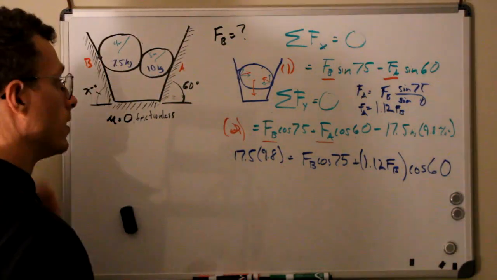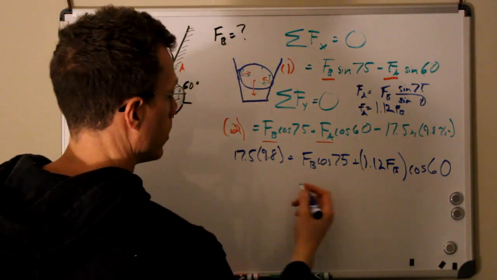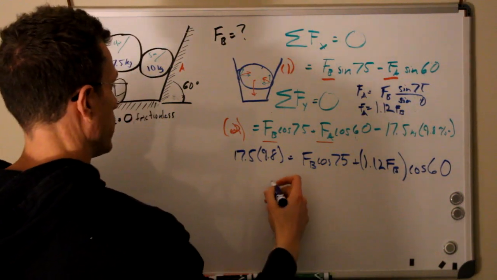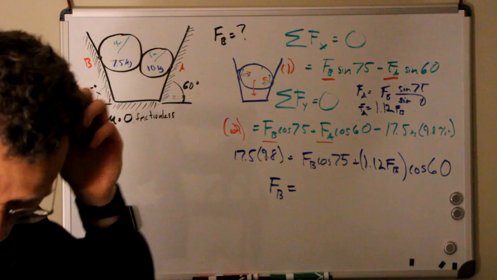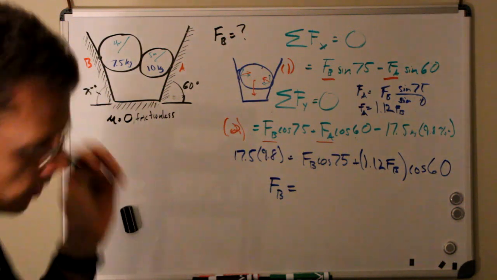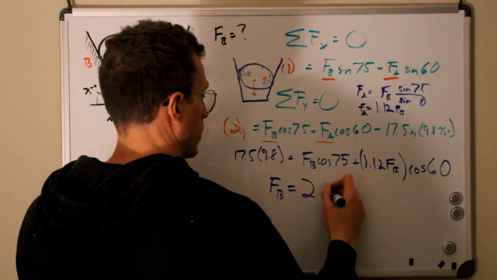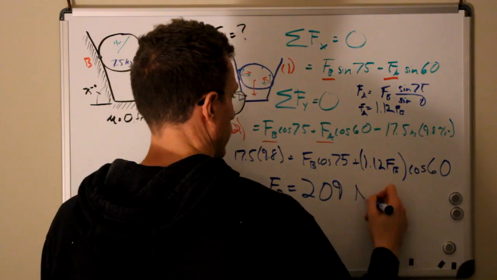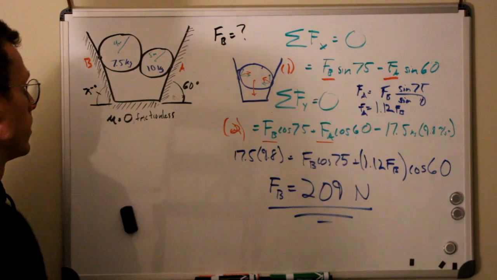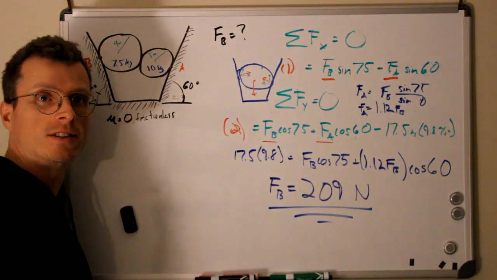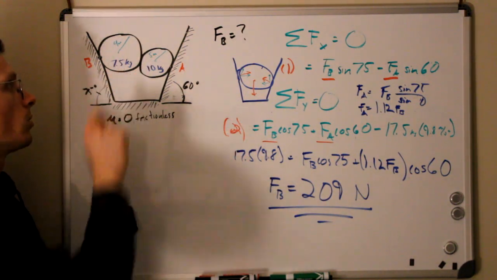And then when you solve for F of B here, F of B equals 209 newtons. So this is our answer right here for the statics problem involving the two boulders.